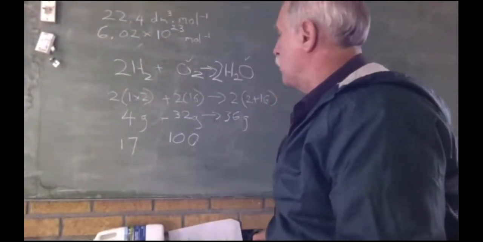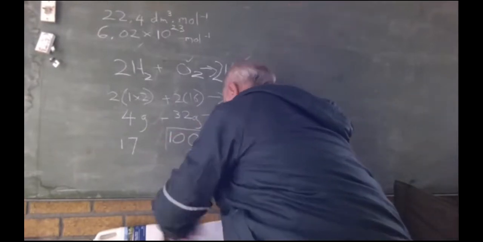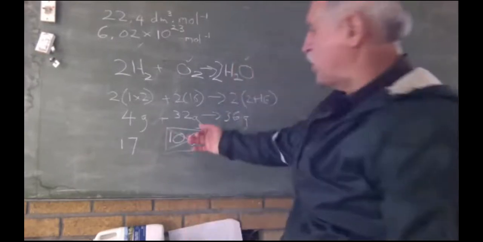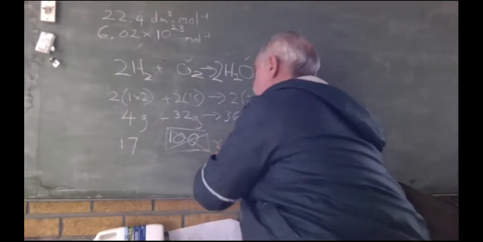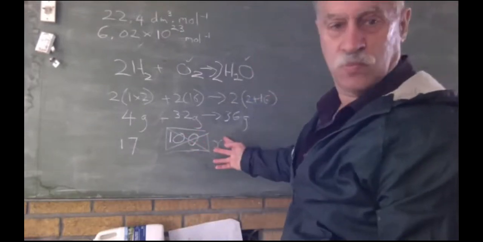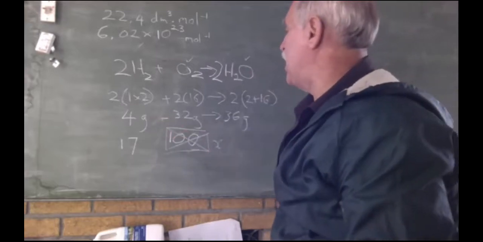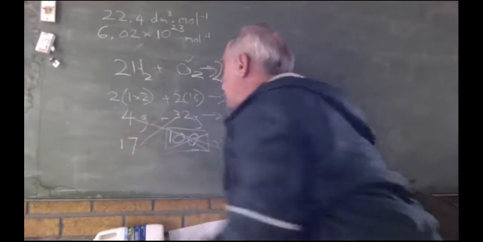Choose one. Okay, I'm going to ignore this one. That's what I'm given. And I'm going to make this amount X. Okay? Now I'm going to do the cross multiply thing. 4x equals 32 times 17.